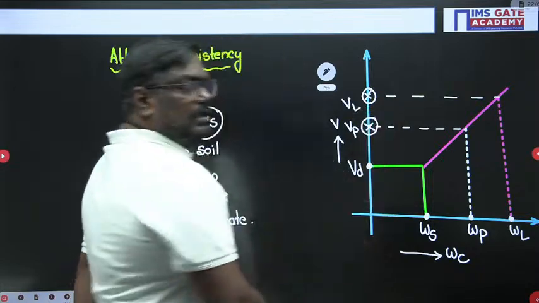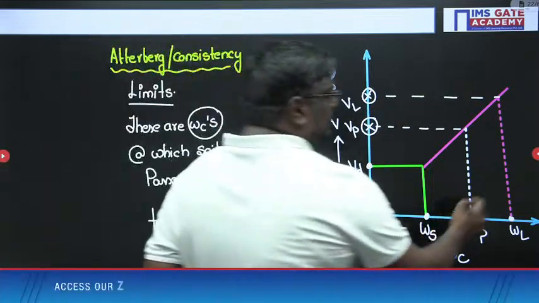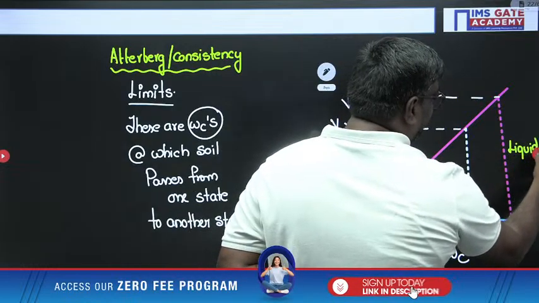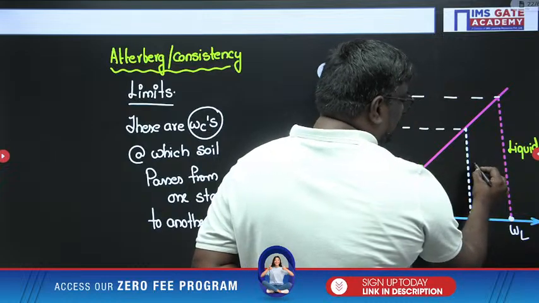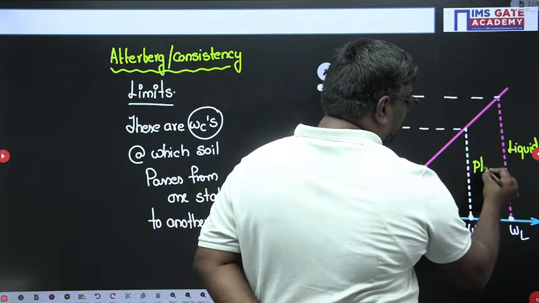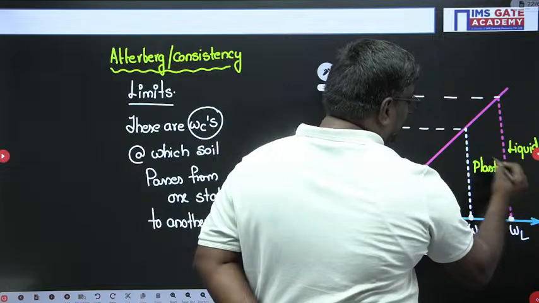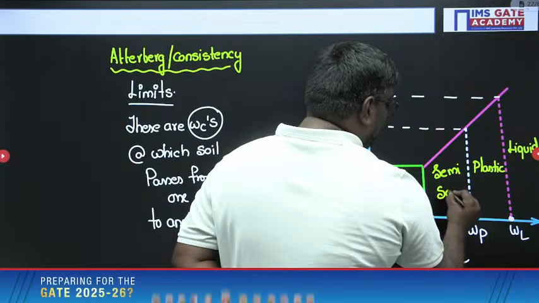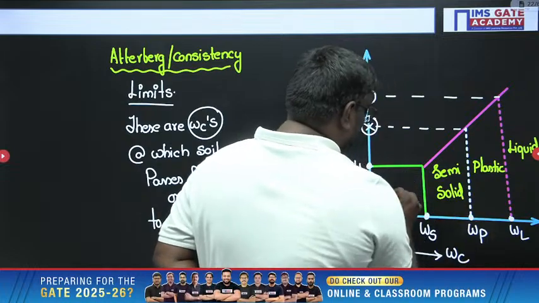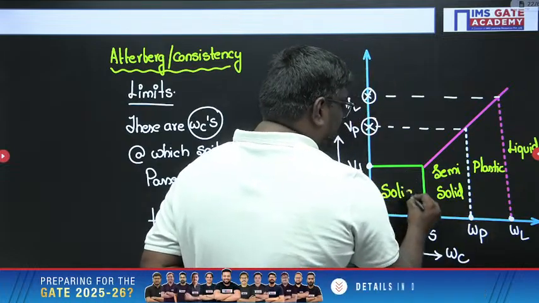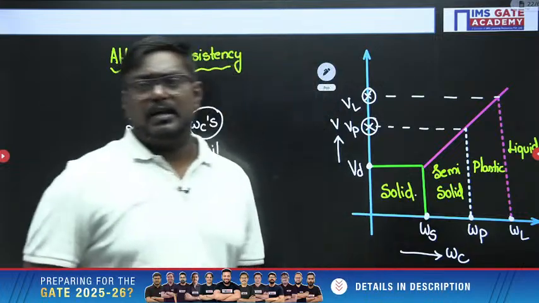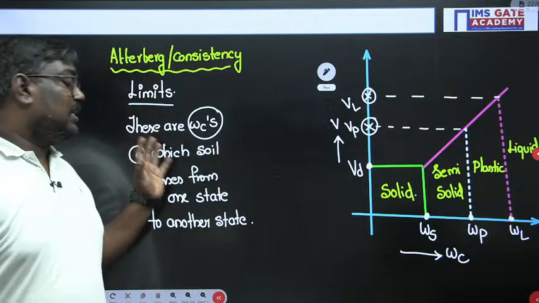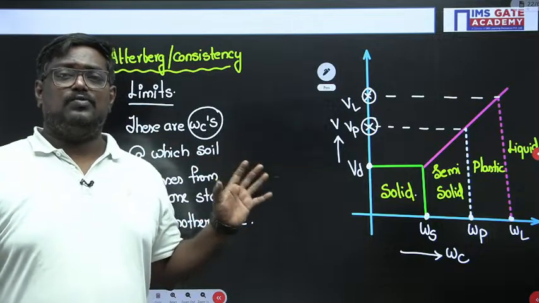Now similarly, this we consider as the liquid state, this as the plastic state, and this as the semi-solid state, and this as the solid state. So if anyone asks you what are Atterberg limits or consistency limits, these are the water contents at which soil passes from one state to the other.